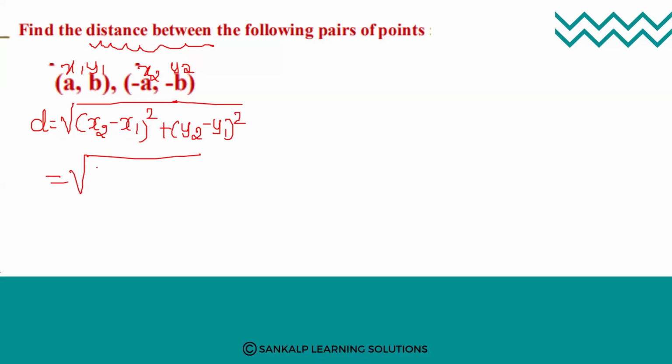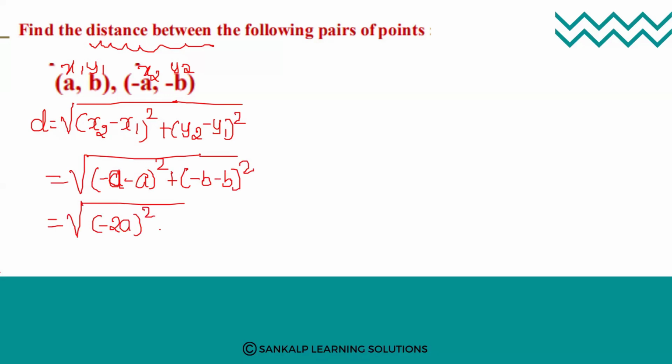x2 value is minus a, x1 value is minus a, whole square plus y2 is minus b, y1 is minus b, whole square. Minus a minus a is minus 2a whole square plus minus b minus b is minus 2b whole square, right?